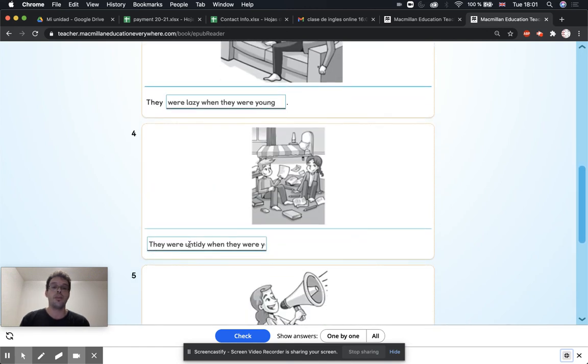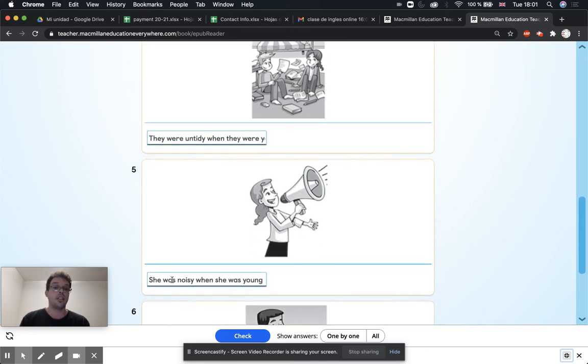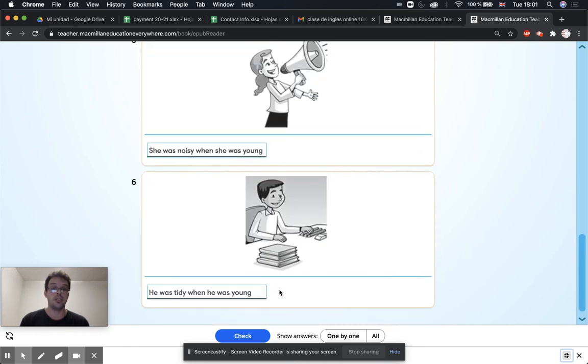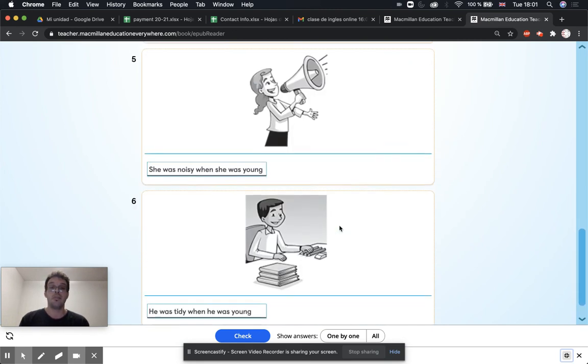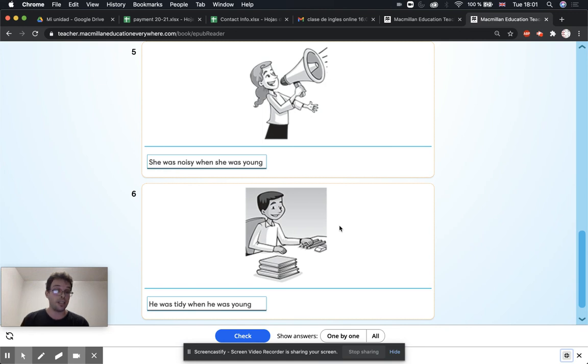Number 4, they were untidy when they were young. Number 5, she was noisy when she was young. And number 6, he was tidy when he was young. Okay? Make sure you have all 6 phrases written correctly in the book.